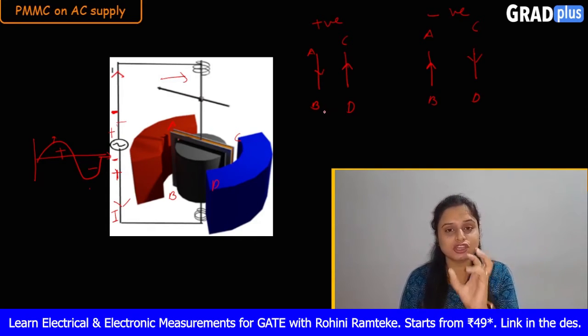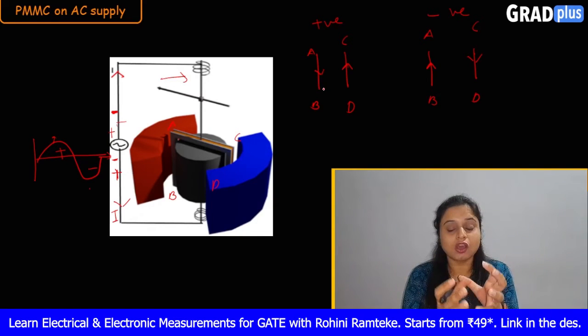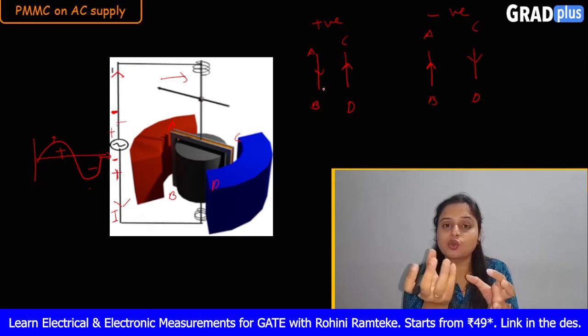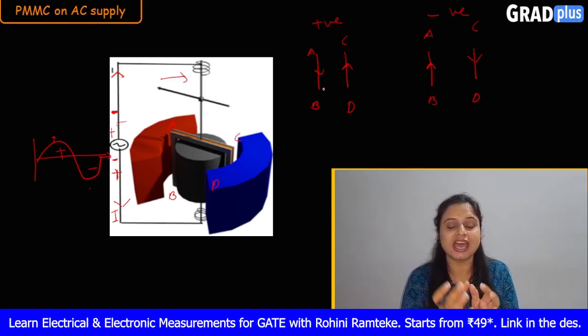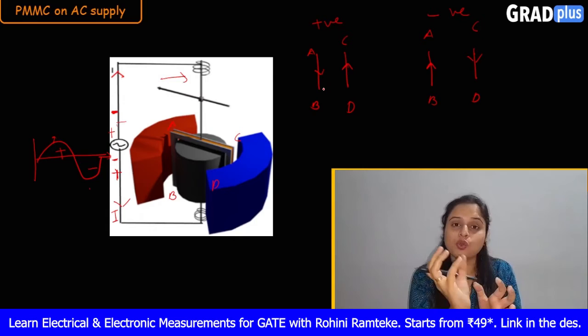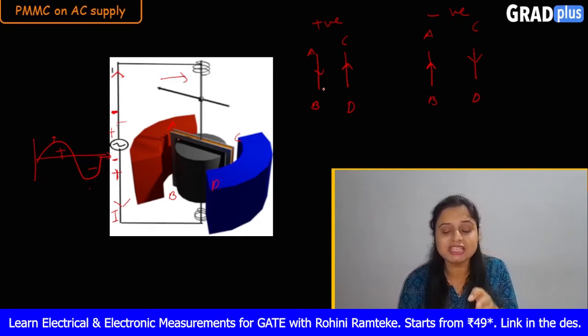So due to that, the torque, or you can say this coil, will rotate in the opposite direction. As soon as this moving coil rotates in the opposite direction, the pointer which is attached there also starts rotating in the opposite direction.